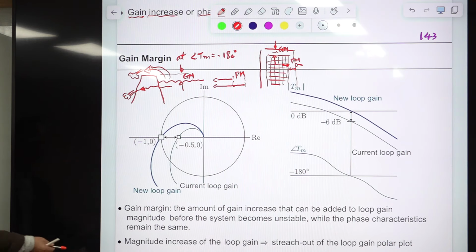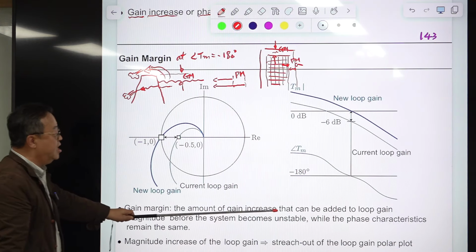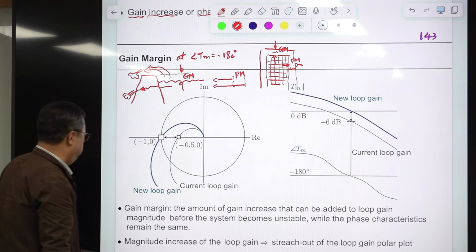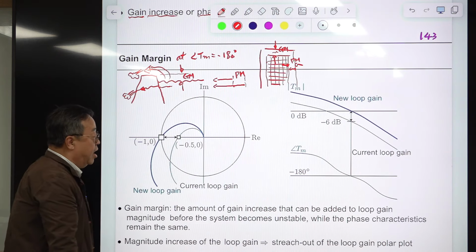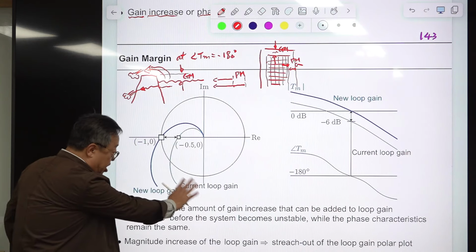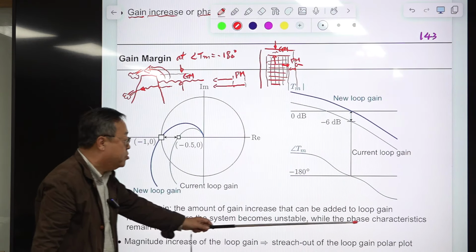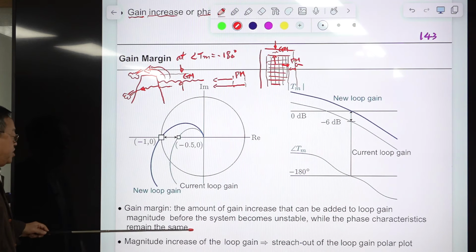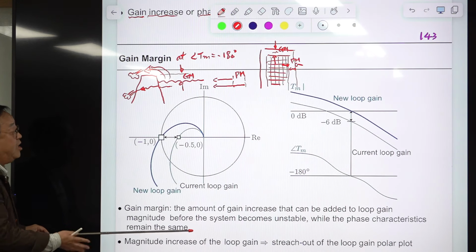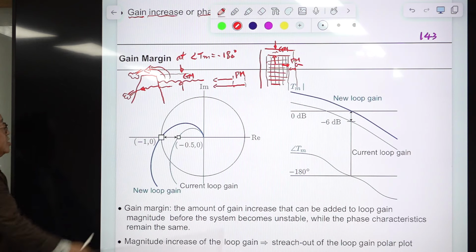So gain margin is the amount of gain increase that can be added to the loop gain magnitude while maintaining the stability of the system. And for this evaluation, we assume the phase remains constant, okay? Phase remains the same, then phase characteristics remain the same, then we define gain margin, all right?